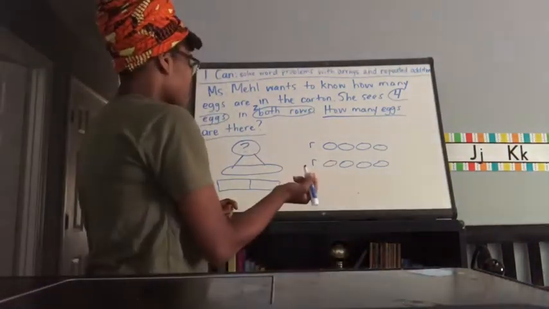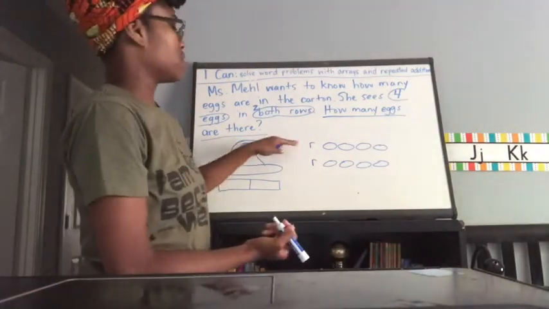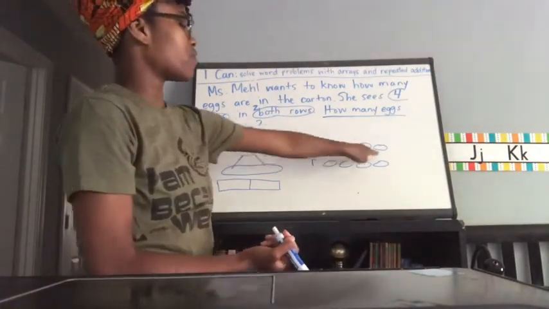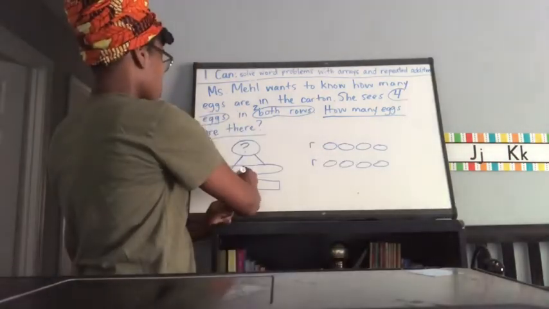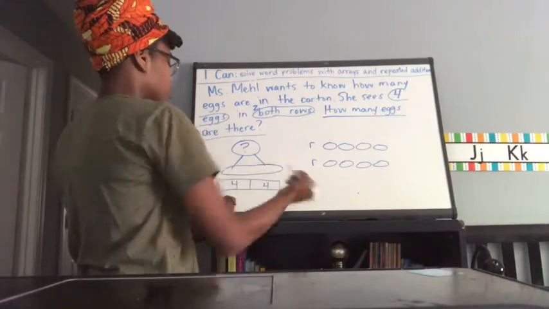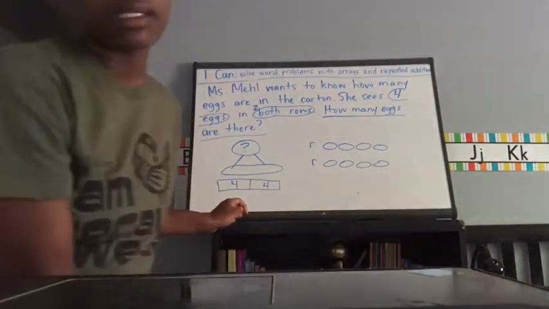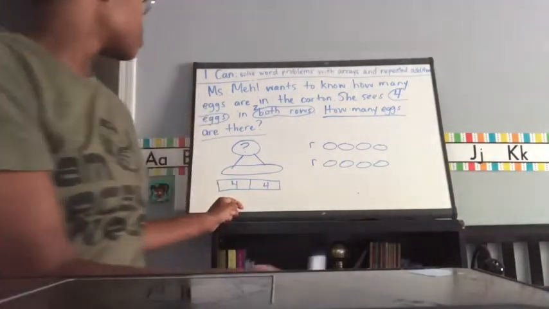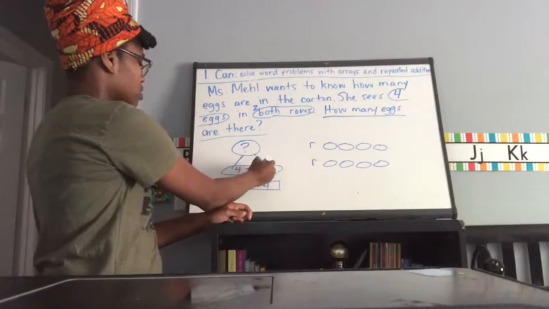Okay, so what number is repeating when I look at the rows? Well, I see 1, 2, 3, 4 in the first row and 1, 2, 3, 4 in the second row. My groups are equal. There are 2 groups of 4. So when I think about a repeated addition sentence, I'm going to write 4 plus 4.